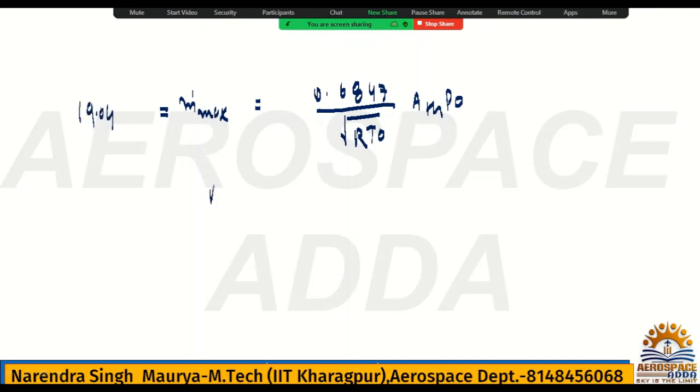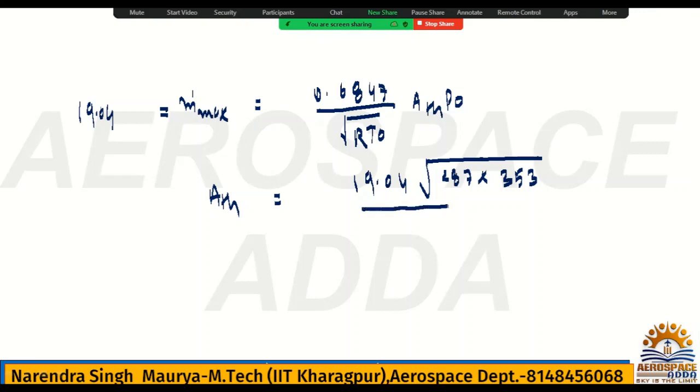Okay, we'll get this ATH. ATH is nothing but 19.04 into root of R, 287, into T naught, which was 353 if you check, and the rest will be in the denominator. So 0.6847 into P naught. P naught was 10 bar if you remember. So 10 into 101.325, since 1 bar is 101.325 kilopascal.